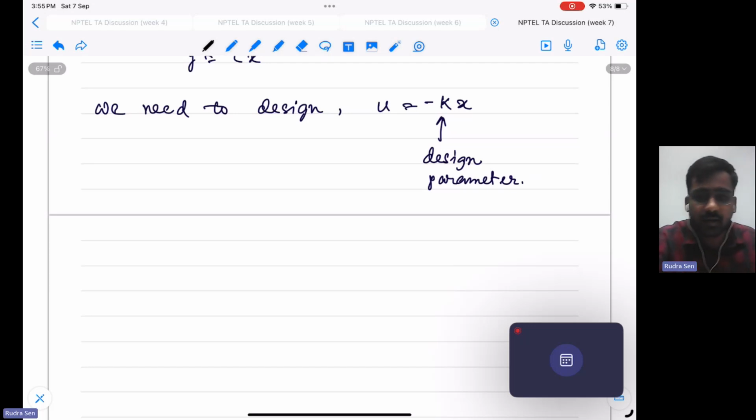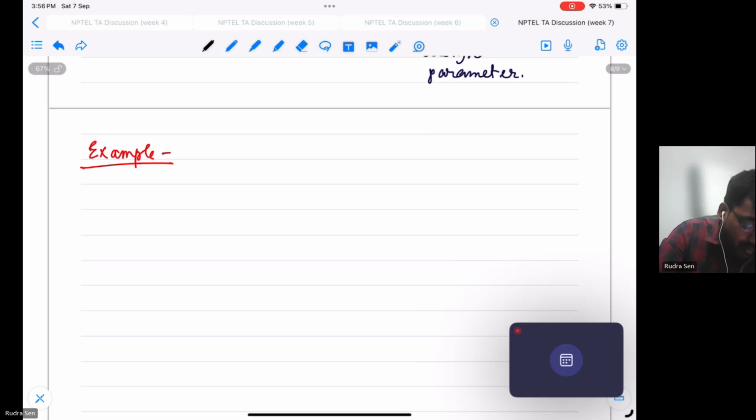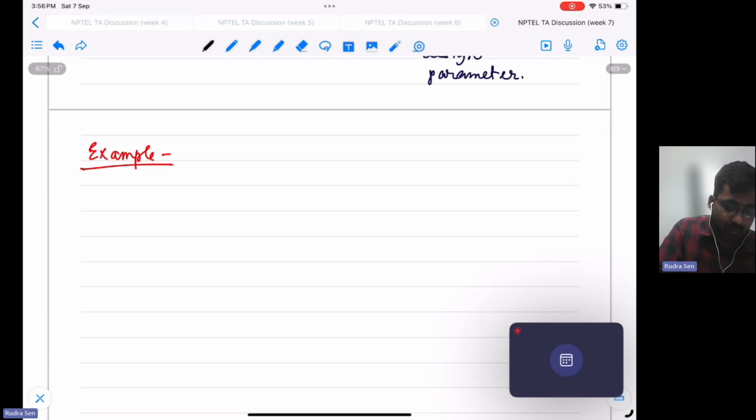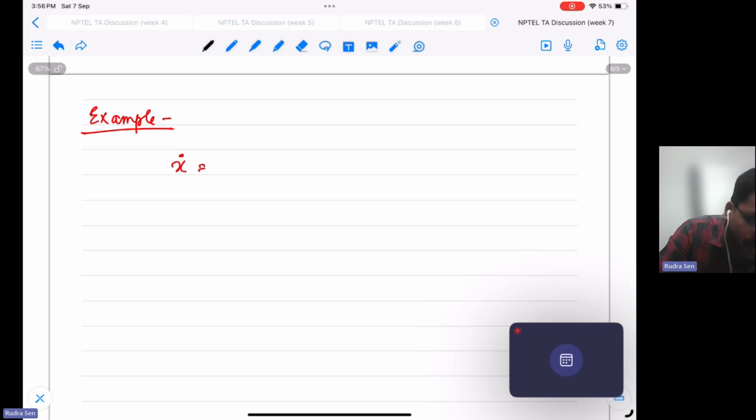So the first example, let's say I'm choosing this example. The system matrix: x dot equals Ax, where A is [0.5 1; 1 2], plus Bu, a single input system.